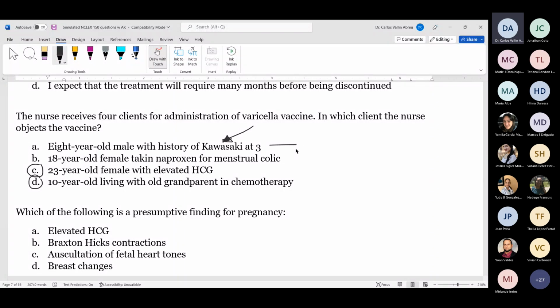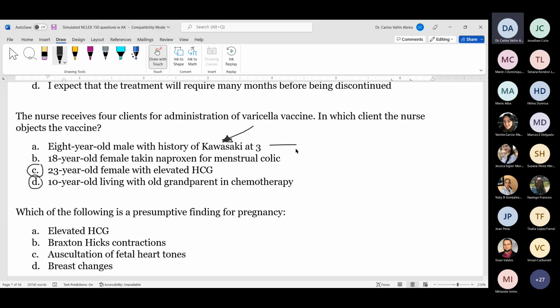Kawasaki disease occurs in small children, more frequently in males than females. It is autoimmune, but it is self-limited, it comes and goes. It does not stay for the rest of life.